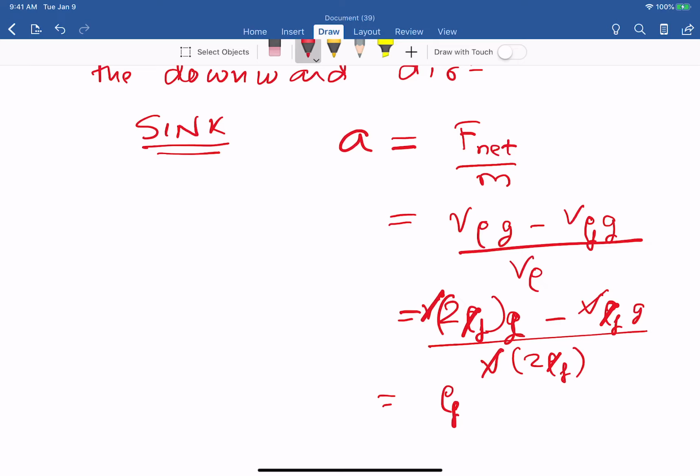So we are just left with g times (2 minus 1) divided by 2, which is just 1/2. So it's g over 2 in this example. The object will sink downwards with an acceleration of g over 2. Okay.